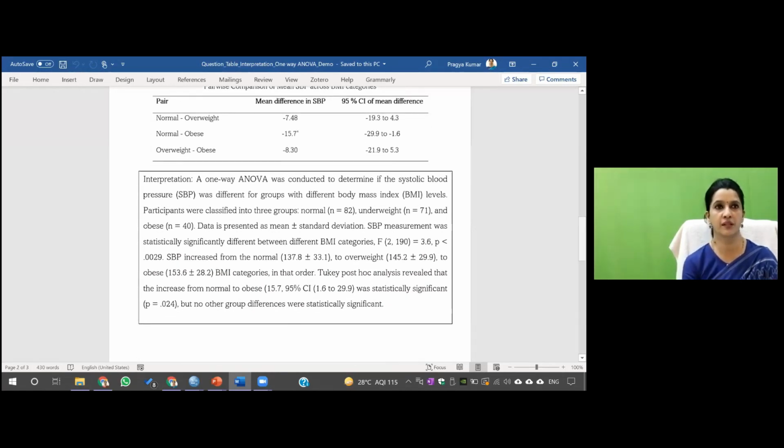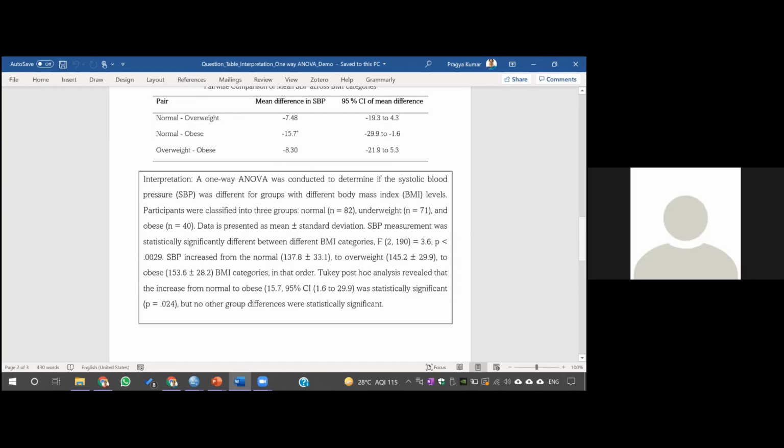So can you read this? Anyone? Priyanka, you can do that because I am seeing your name now. One way ANOVA was conducted to determine if the systolic blood pressure was different for groups with different body mass index, BMI levels. Participants were classified into 3 groups: normal 82, overweight 71, and obese 40.